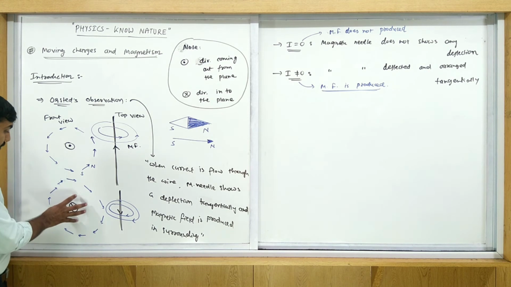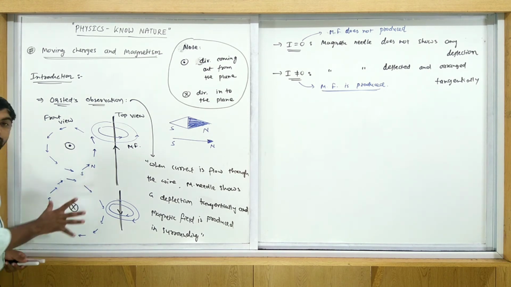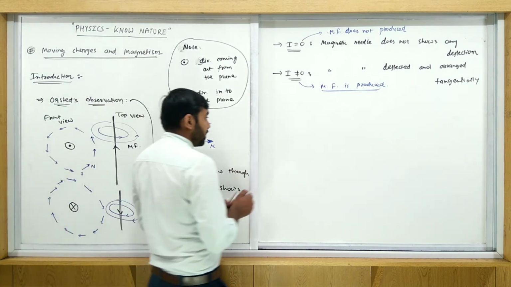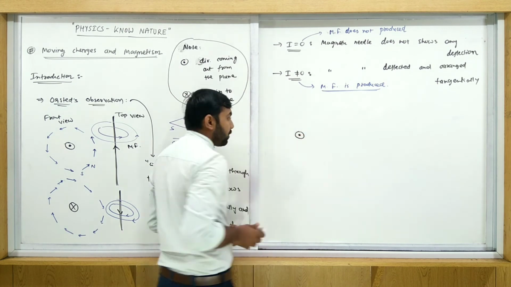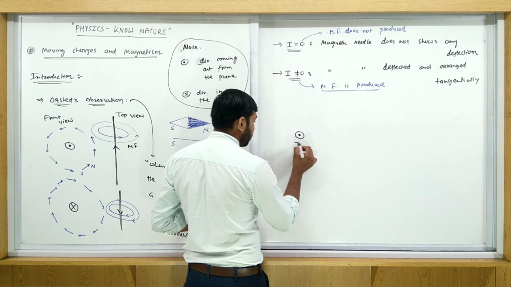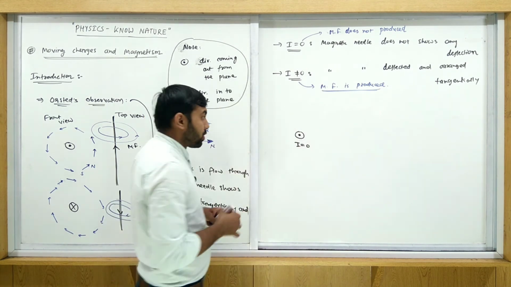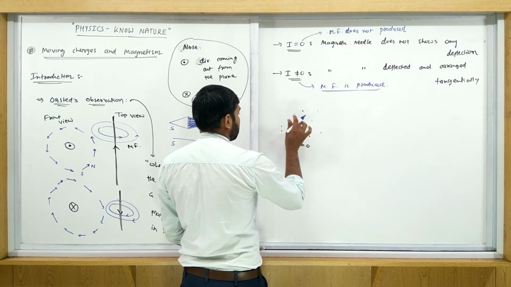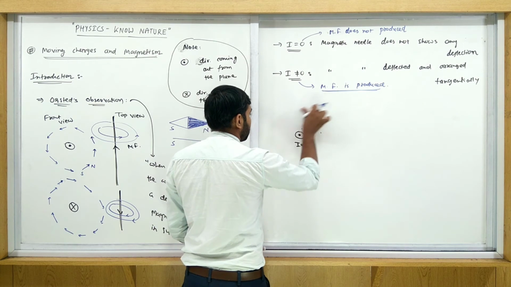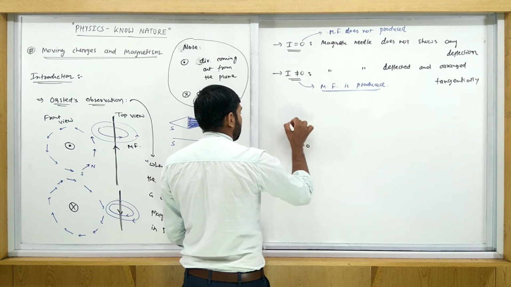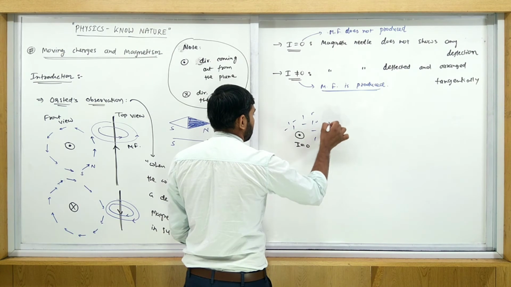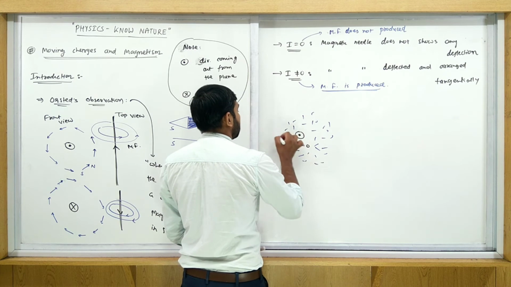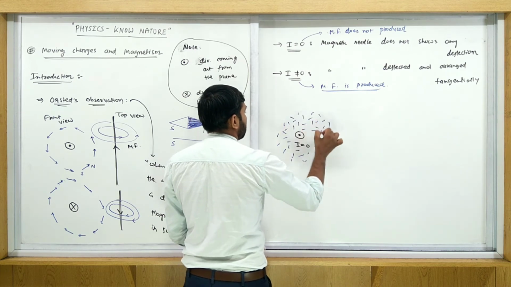If you place iron filings near this wire, then the iron filings are arranged in some proper format. So like this, see, if it is a wire, when the current is zero, you place some iron filings like this.